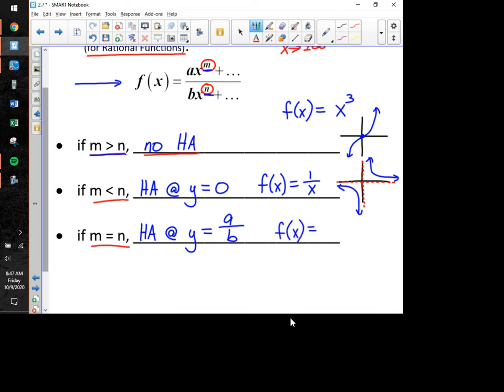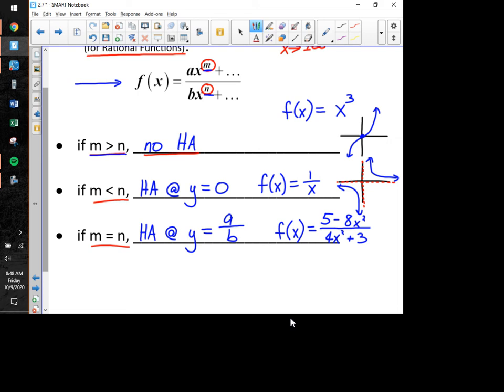You might see something like f of x is equal to, and I don't know, just to make things interesting, what if I did something like 5 minus 8x squared, and then down on the bottom I'm going to go with 4x squared plus 3, something like that. So just to be clear here, in that example that I just wrote, the leading coefficient of the numerator isn't 5, it's negative 8. Because the x squared is the highest degree term in the numerator.